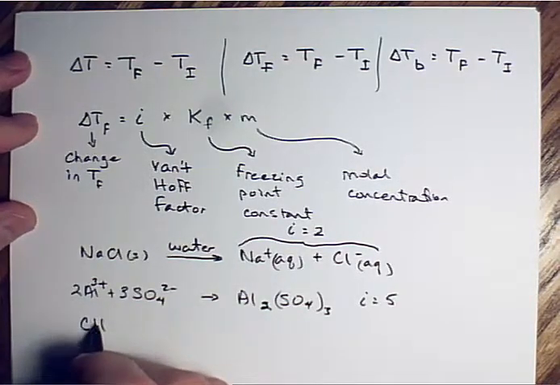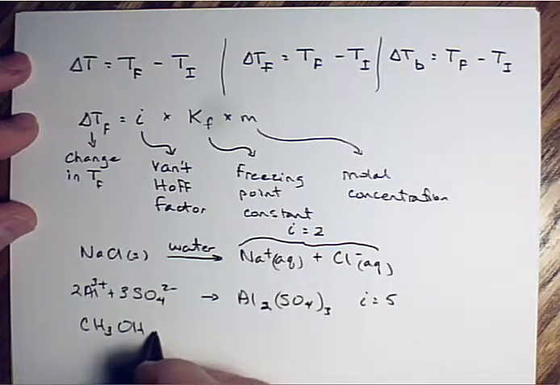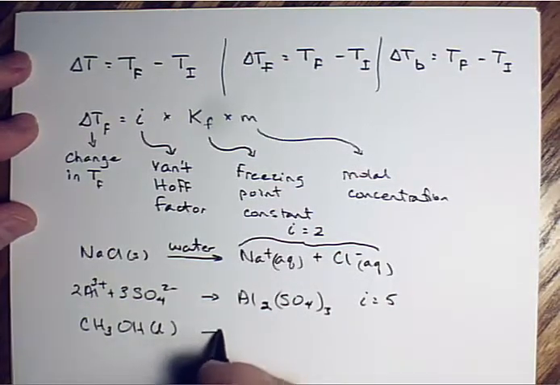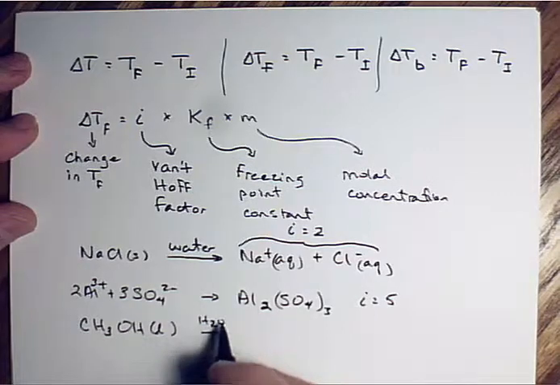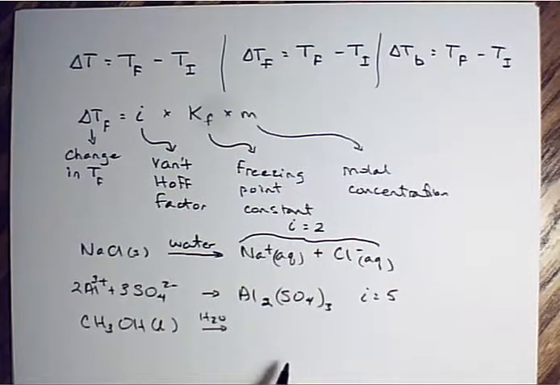So if I have methanol, CH3OH, and that's a liquid, and I put it in water, how many particles does it break up into? Trick question. Yes, I'm putting it in water, making it aqueous.